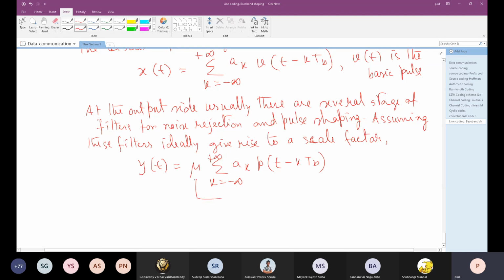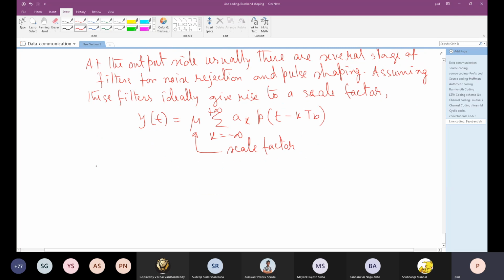So mu is the scale factor. p(t) is normalized, again, the pulse waveform p(t) is normalized such that p(0) equal to 1.